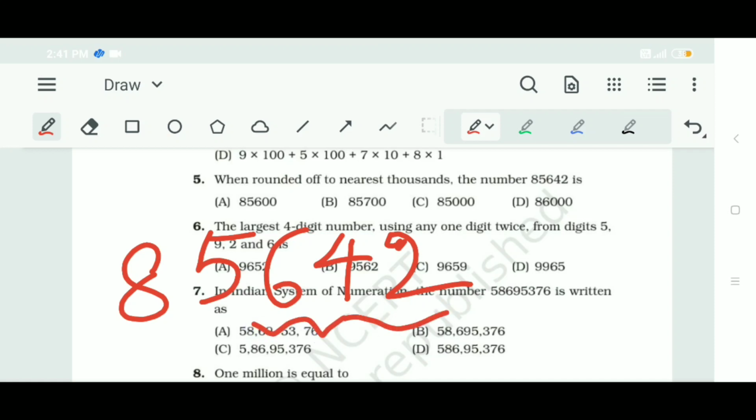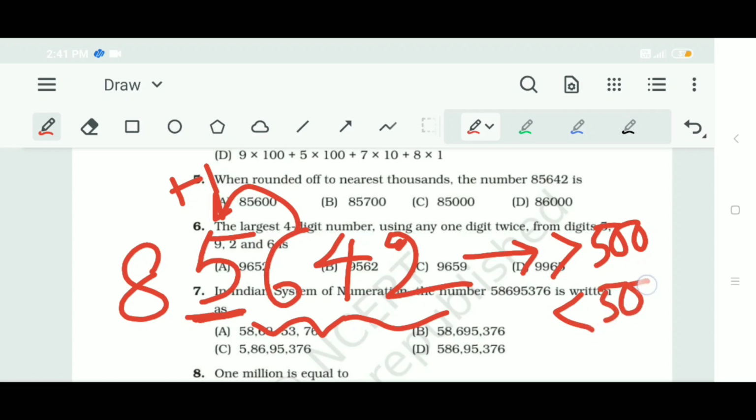If it is greater than 500, then we will add 1 with the digit which is placed in the thousands place. If it is less than 500, then whatever the digit placed in the thousands place will remain the same. This much only. So what shall we do?